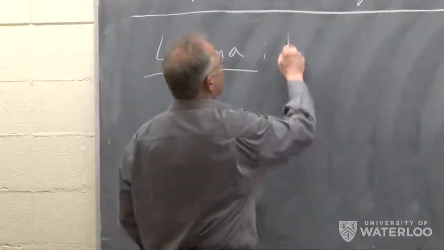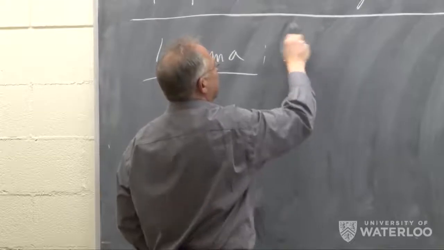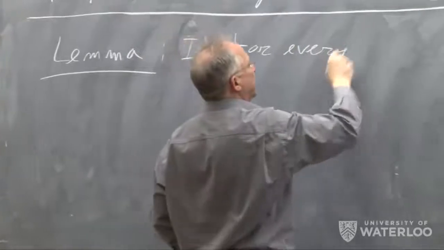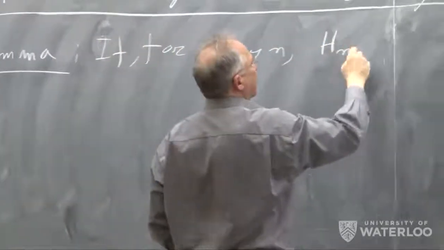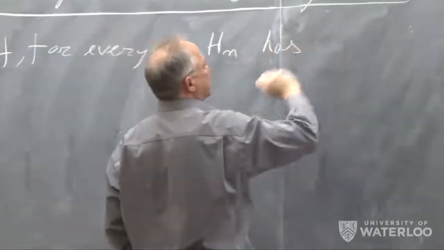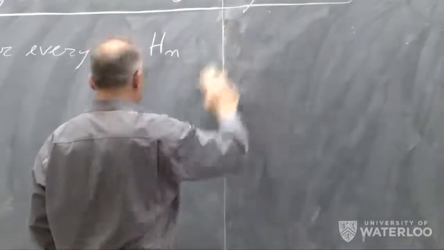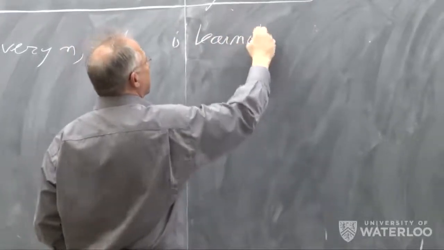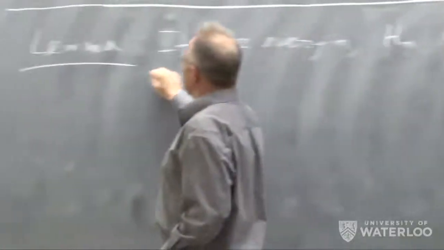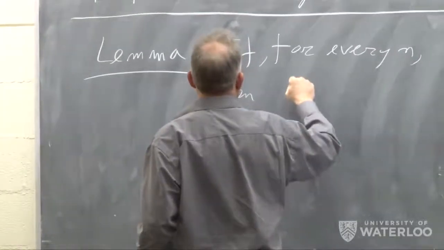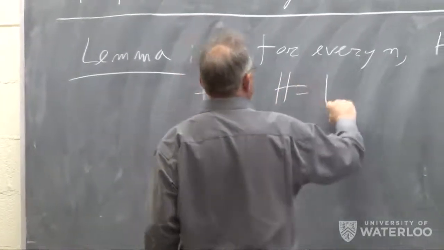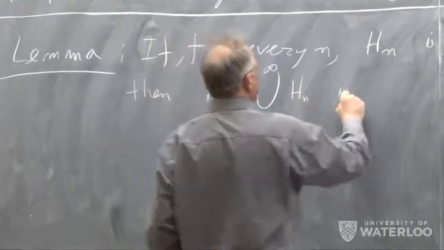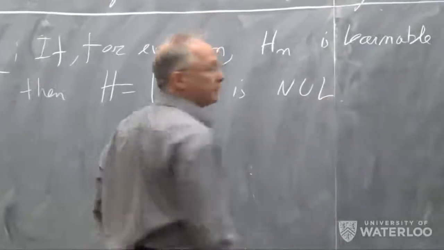And it will say that if for every n, Hn is learnable, then H, which is defined as the union of all of them, is non-uniformly learnable.